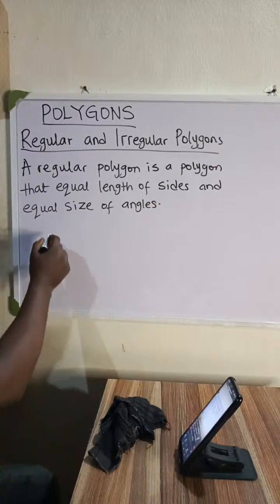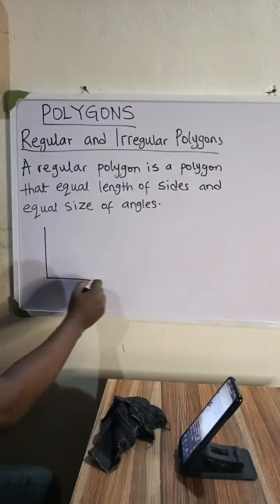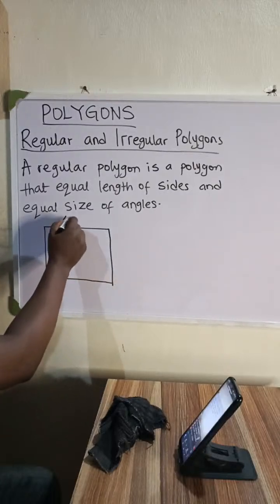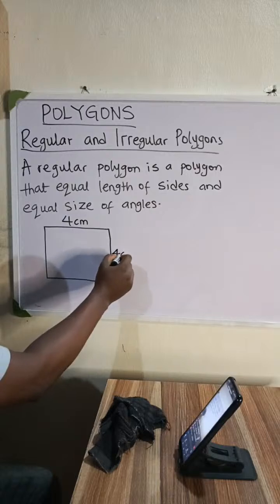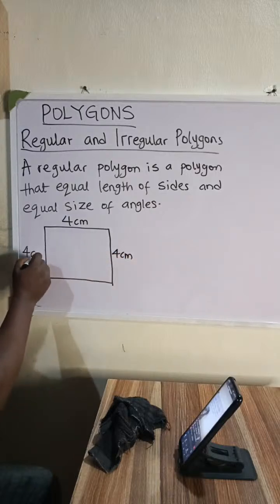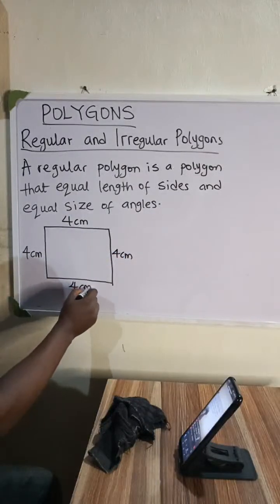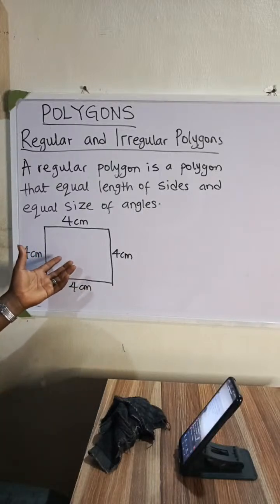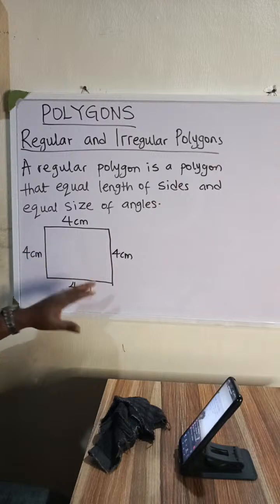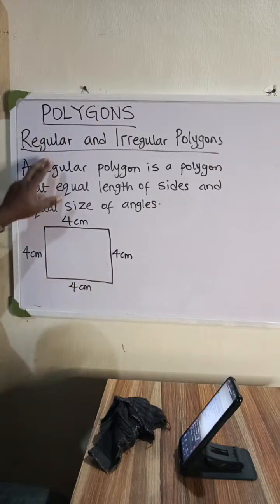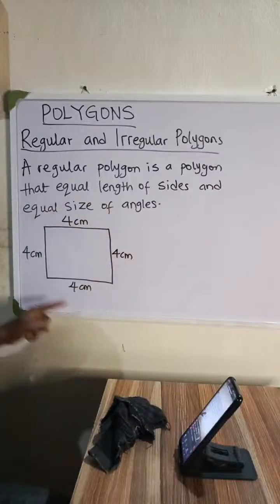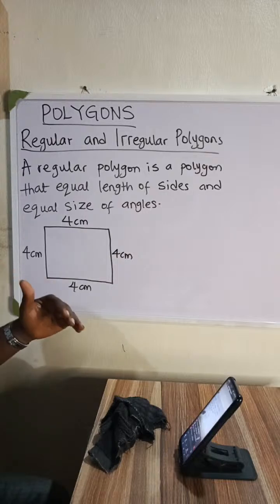So if we have a polygon in this form, as an example, now we know that this is a square. Of course, this is a square, but apart from being a square, it is a regular polygon because we can see that all the sides of this polygon have equal length.